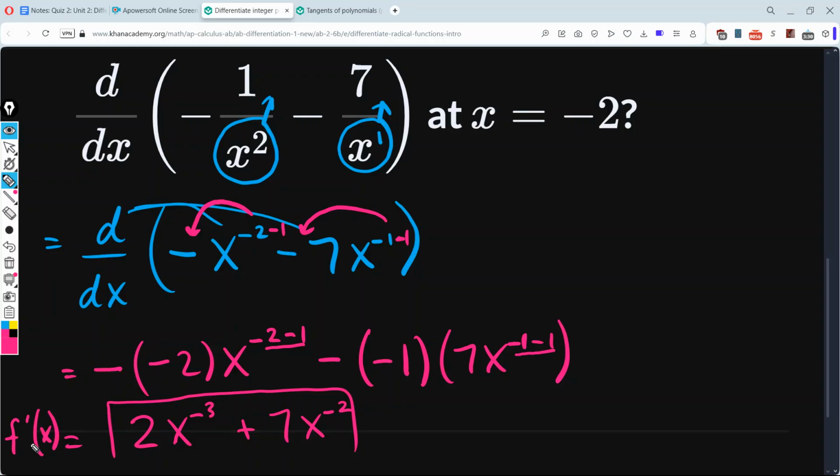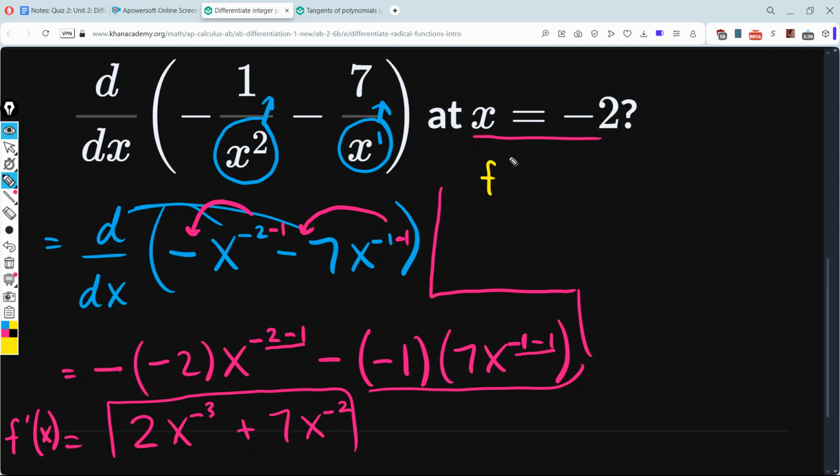And now we want to find out what the slope is at x equals negative 2. So basically, we're going to plug in negative 2 in this function right here. I'll do it up here.